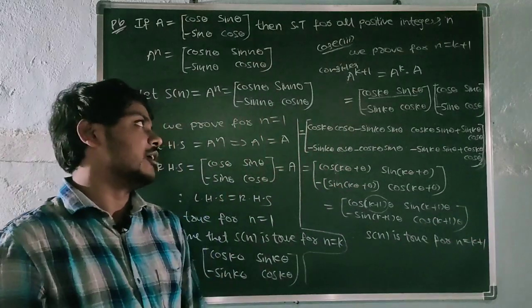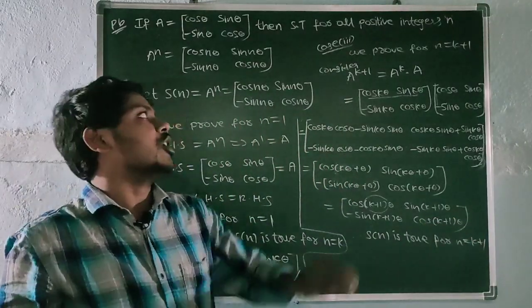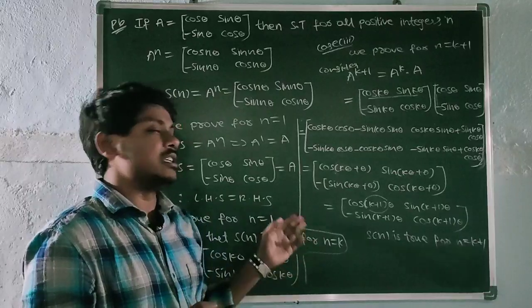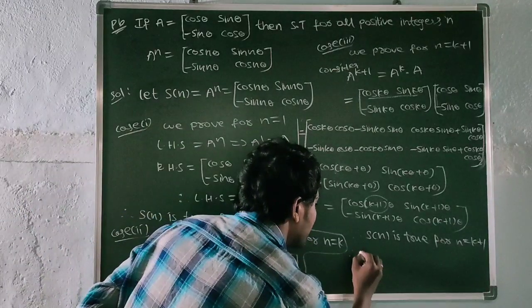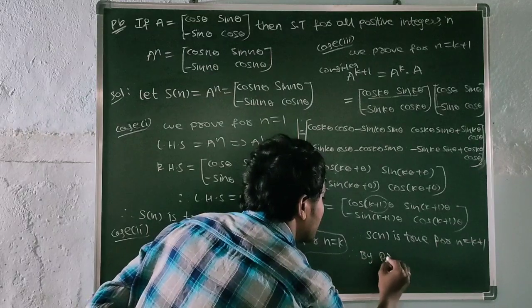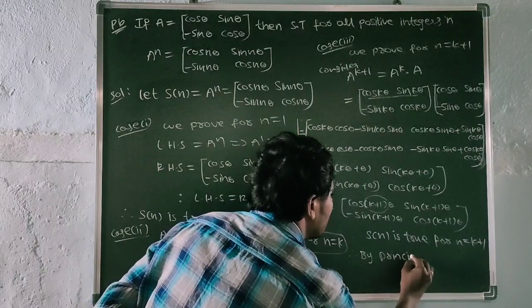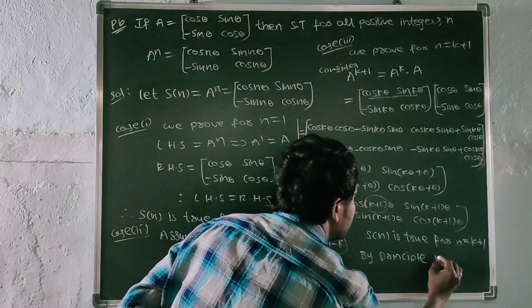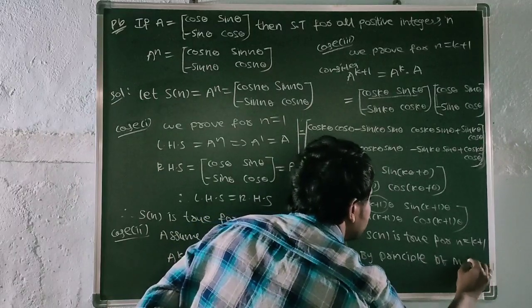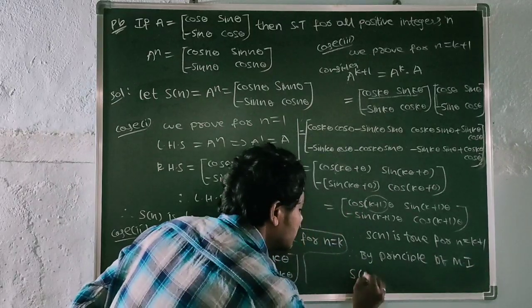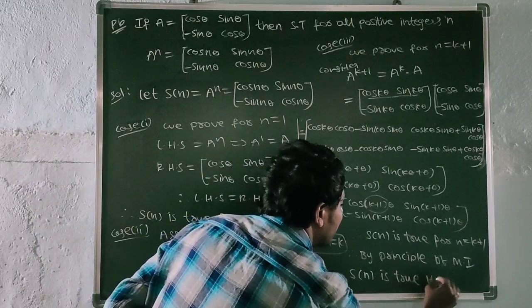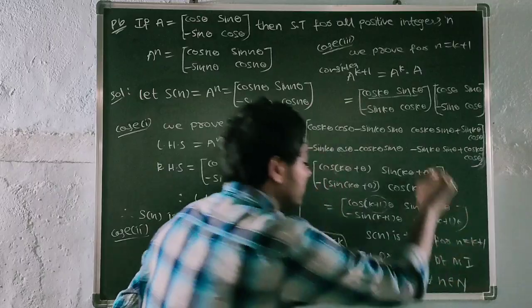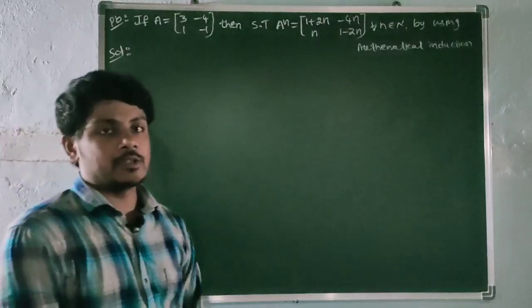So therefore if you take any positive integer value, this statement is true. So therefore, by principle of mathematical induction, S of n is true for all n belongs to N. Okay. So see the next problem.